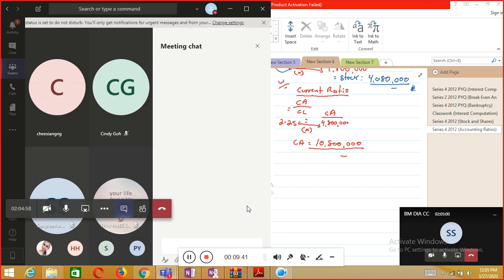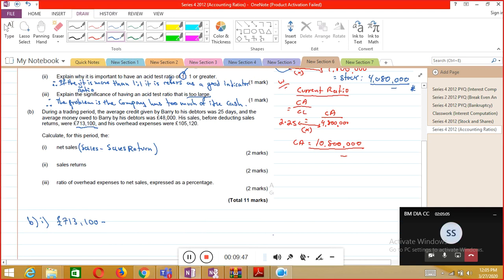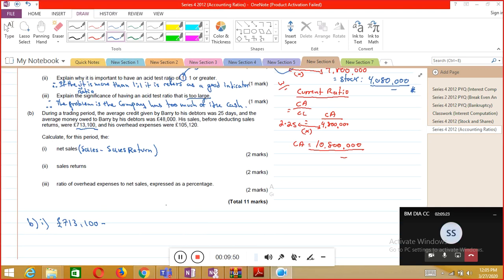I would use the trade receivable days formula. Normally we take sales minus sales return, but in this case no sales return is given, correct? So what is the alternative option that we can do? That's why they gave you the debtor 25 days.